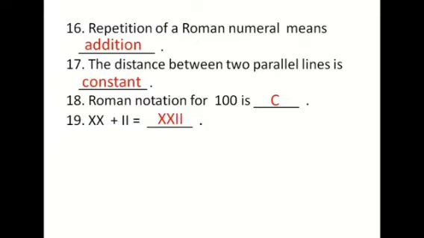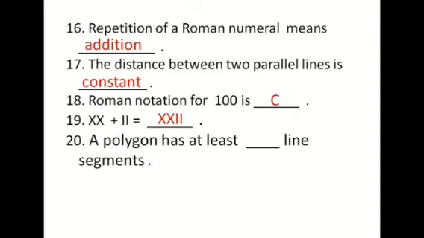So it will be XXII. Go for the next one. 20th. A polygon has at least dash line segments. Can you tell me what is that? It's a triangle. Triangle is having 3 line segments. So a polygon has at least 3 line segments.